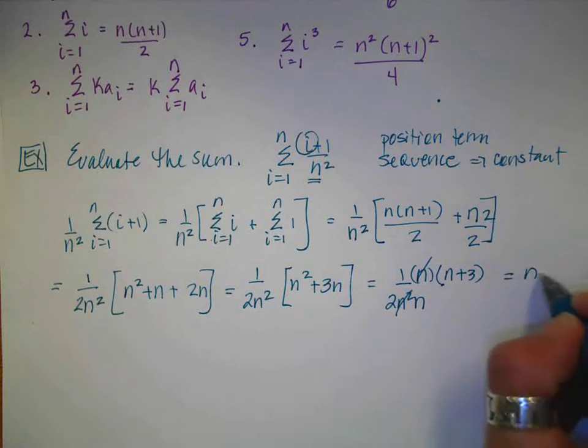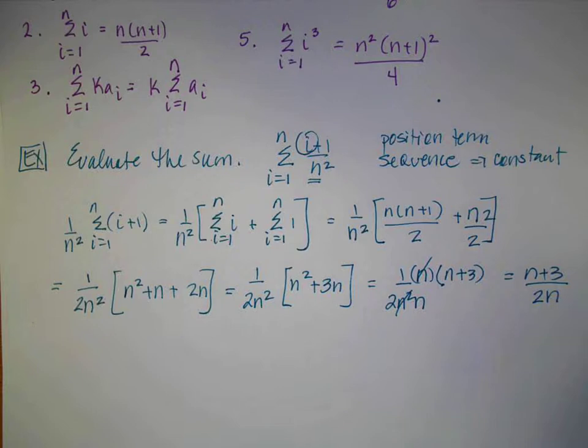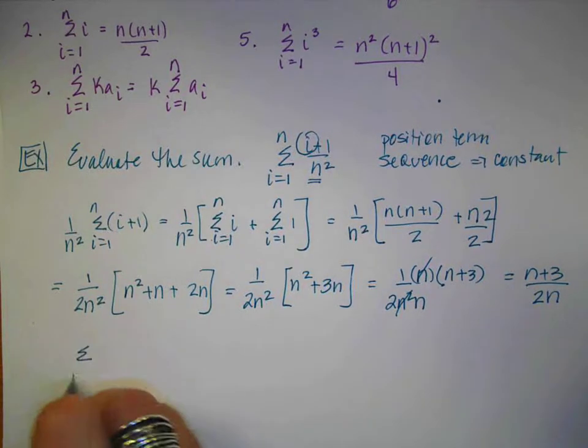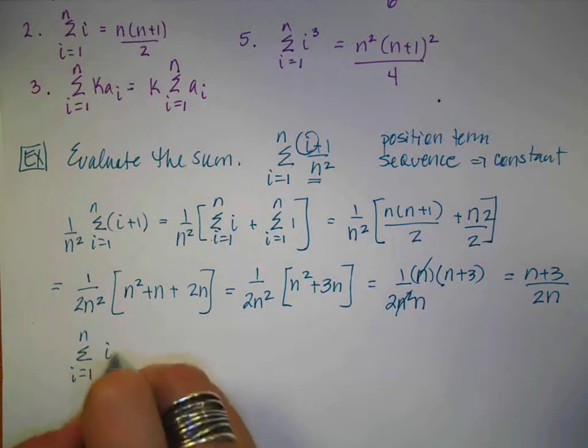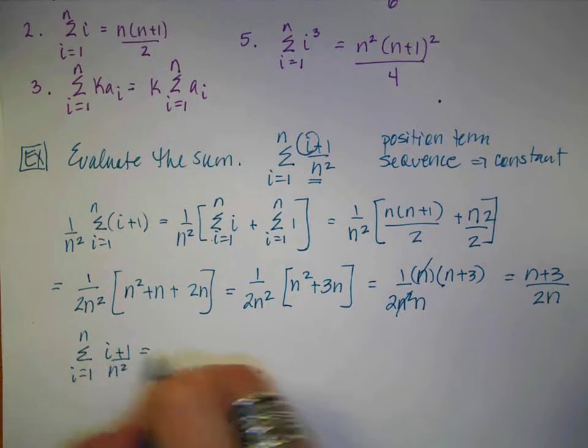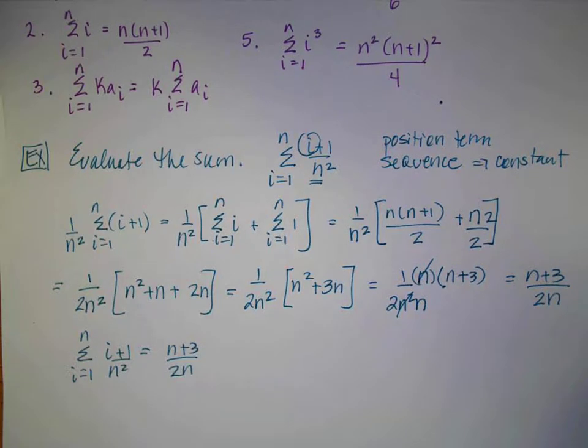So then I'm done. So my summation is equal to n plus 3 over 2 times n. And then, of course, you have to write your answer politely. So here's my sum from I equals 1 to n of I plus 1 over n squared is equal to n plus 3 over 2n. And so that would be that.